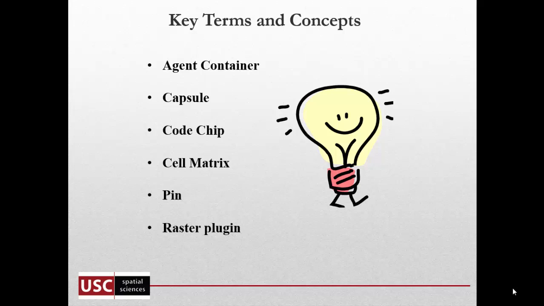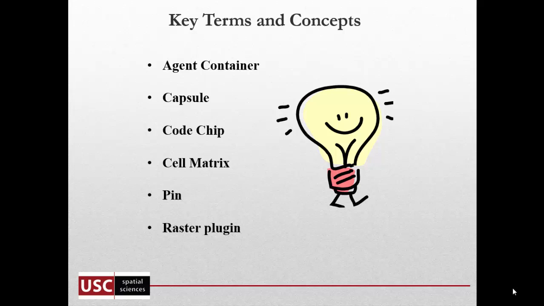It could be a cell matrix, which is a grid or a hexagonal grid, or an agent vector, which holds logic for agent movement, or maybe a sim world, which combines the two. And the logic for these agent containers are contained in a capsule, which is a model within the main model. And that's what makes NOVA unique.